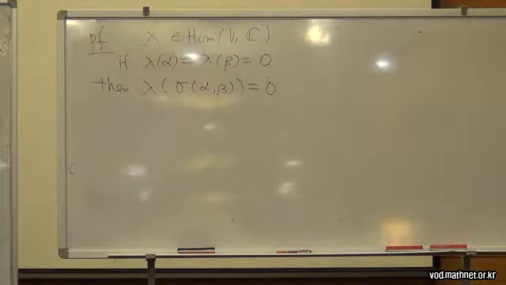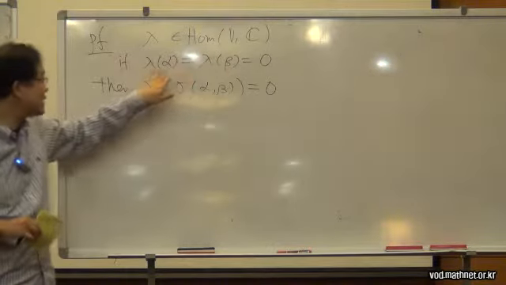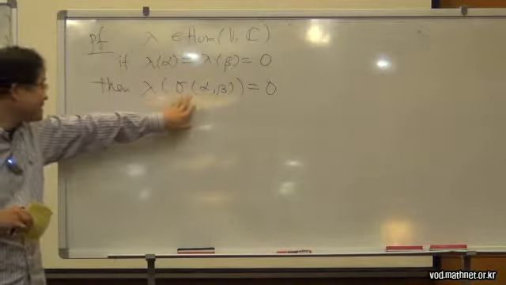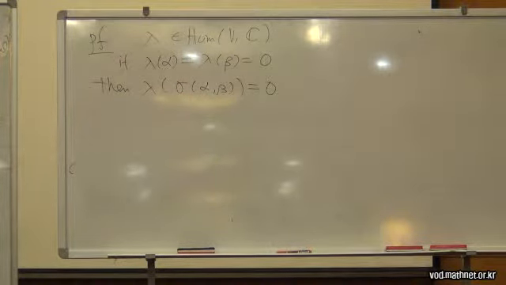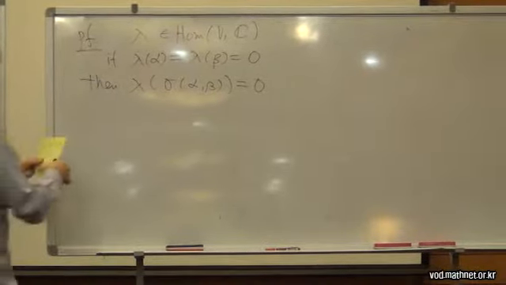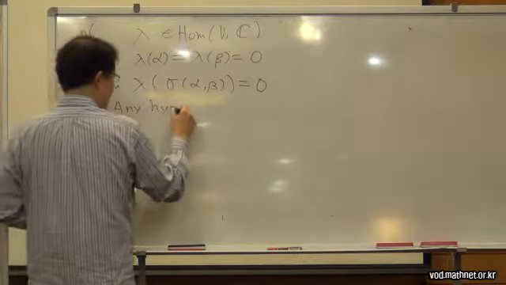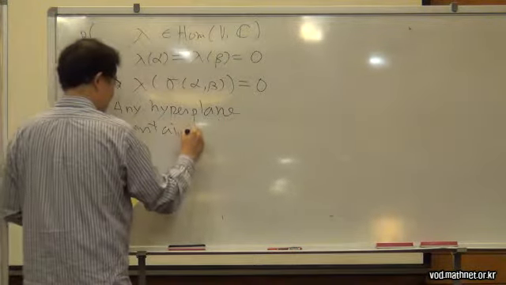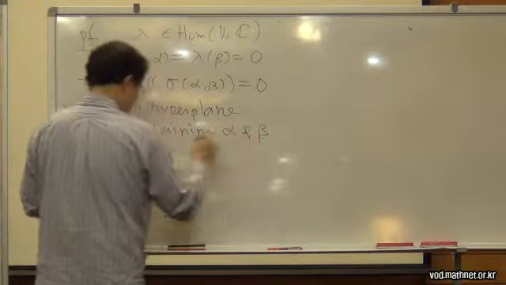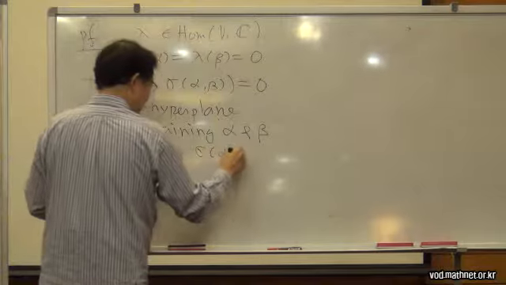That's the assumption. What this assumption means is that for any lambda, if alpha and beta are annihilated by lambda, then sigma(alpha, beta) is also annihilated by lambda. So in other words, any hyperplane containing alpha and beta contains sigma(alpha, beta).